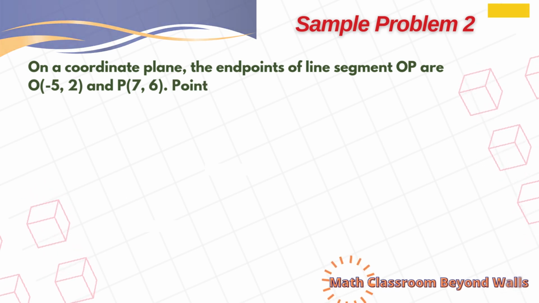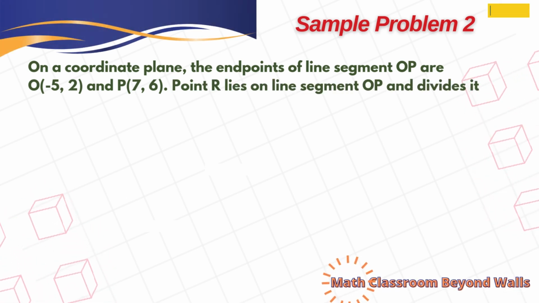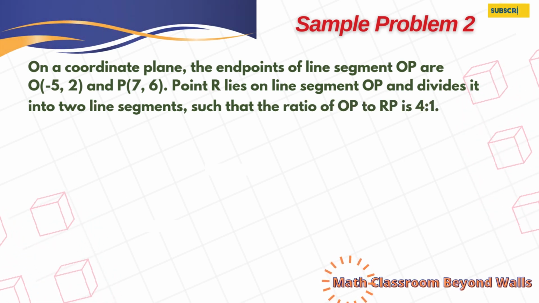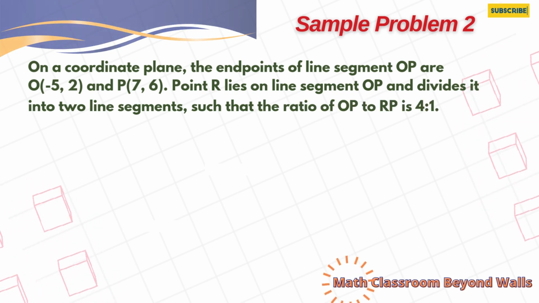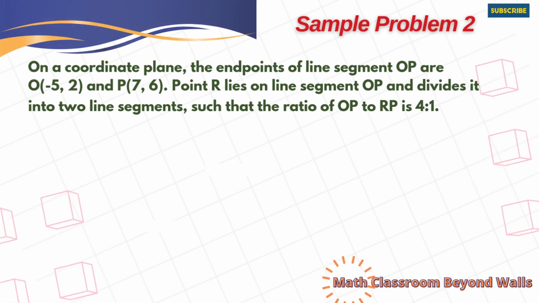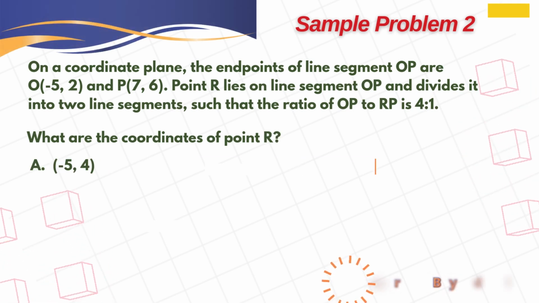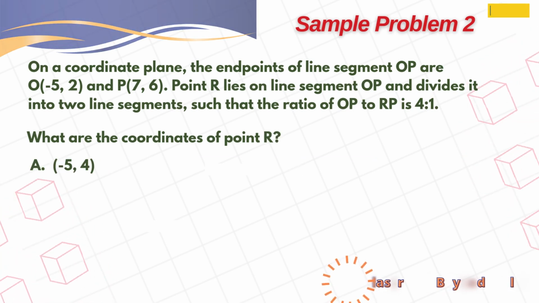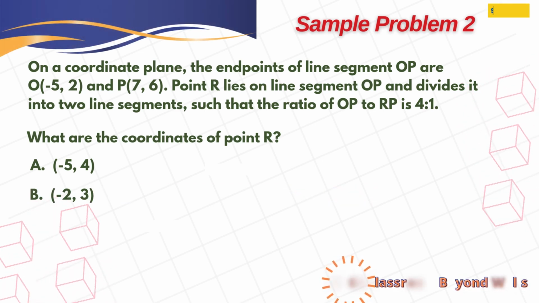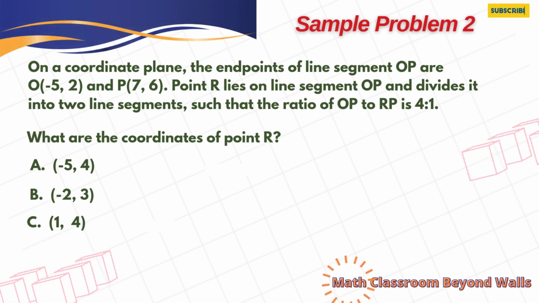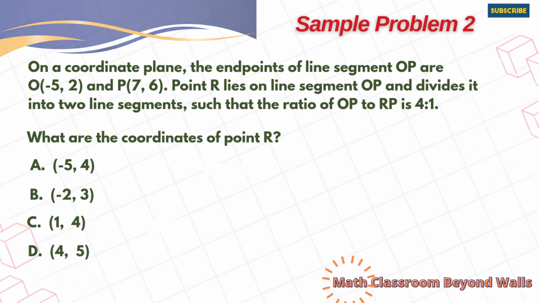Point R lies on line segment OP and divides it into two line segments such that the ratio of OR to RP is 4:1. What are the coordinates of point R? Option A, (-5, 4). Option B, (-2, 3). Option C, (1, 4). Option D, (4, 5).